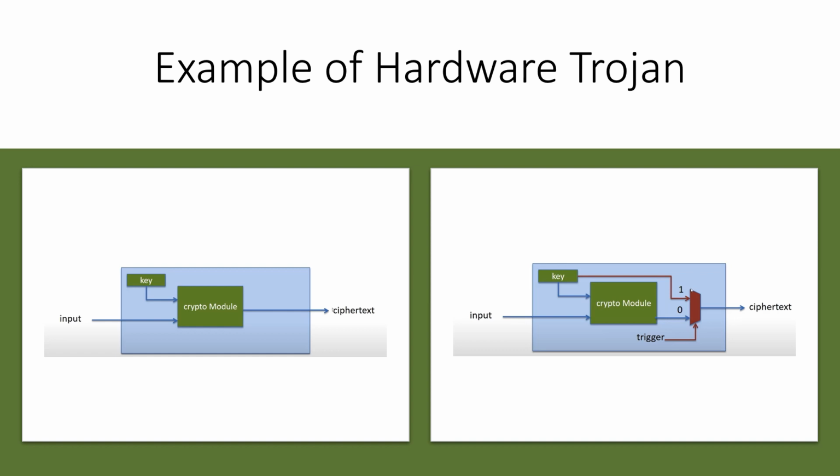So with the key kept a secret, the input cannot be accessed directly or without permission. But then, if a developer puts in additional hardware, or Trojan, as we see on the right side of the slide, this additional hardware acts as a multiplexer with the trigger acting as a select line. So if the trigger is sent to it, the input data that was earlier restricted can now be accessed.